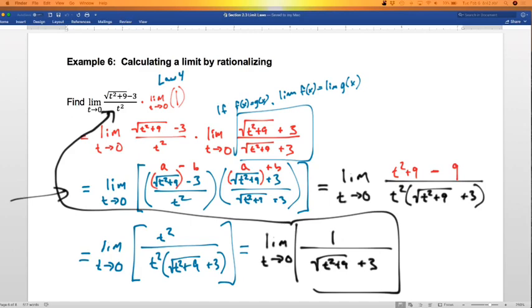It's there in your notes. For what type of functions can we use the direct substitution property? Polynomial or rational functions.